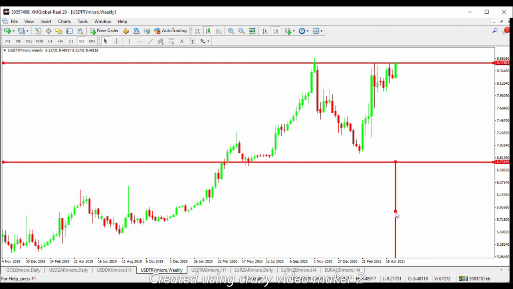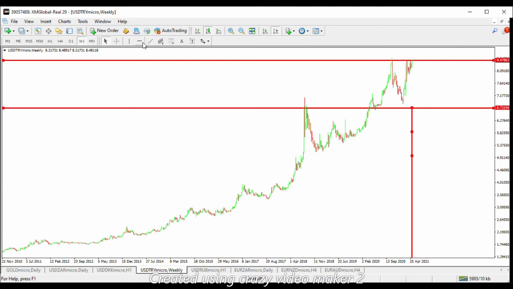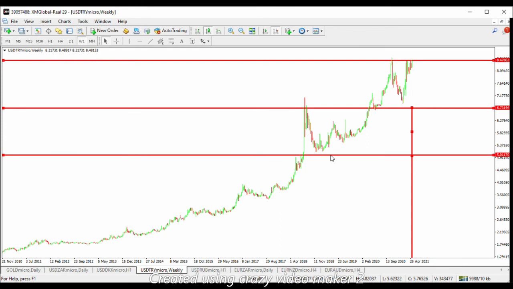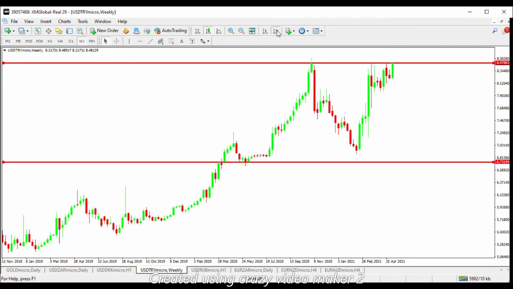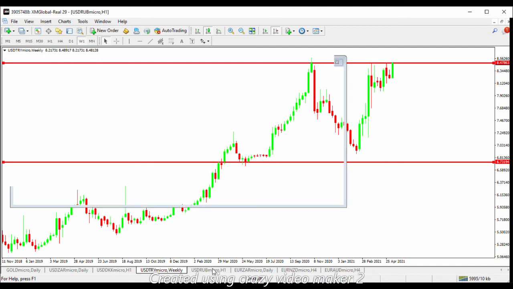So our target is way down there. I don't think we can see the target. Okay, this is the target. Right, so that's just how you measure a double top, and they're really effective, especially on the exotics. So I'm going to show you another exotic. So you'll see what I mean, that they're really effective on the exotics.